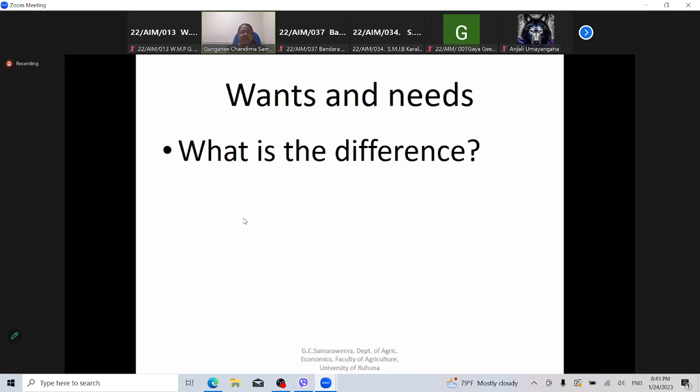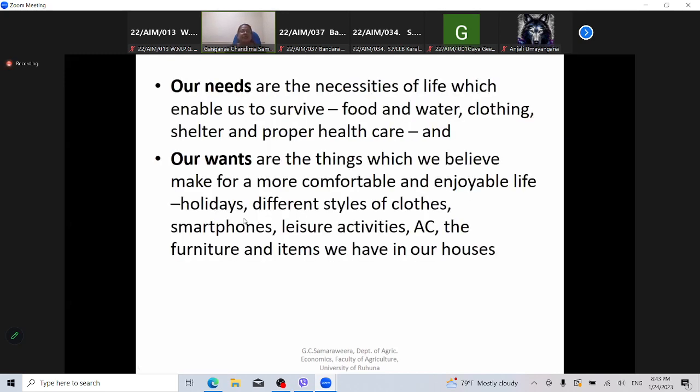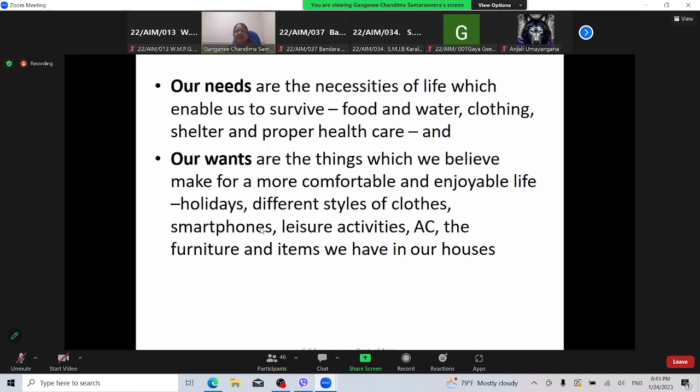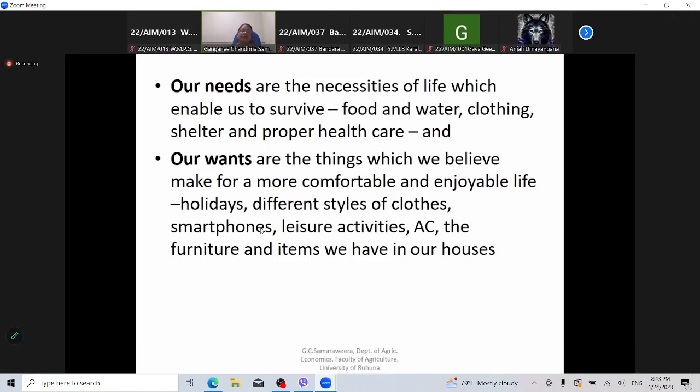Okay. So the main difference between needs and wants is, as Anjali explained clearly, needs are necessities of our life. She clearly explained the answer. Okay. So the necessities of life enable us to survive.